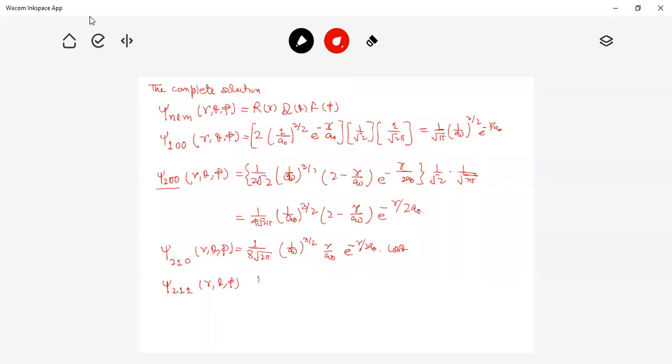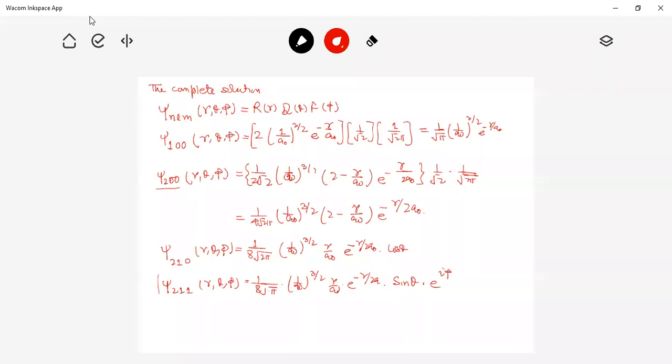So the wave function is equal to 1 upon 8 pi, 1 upon a0 to the power 3 by 2, r by a0 e raised to the power minus r by 2 a0 into sine theta and e raised to the power i phi.